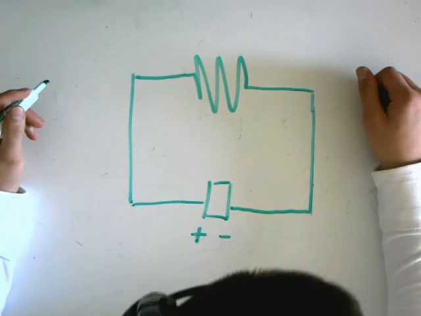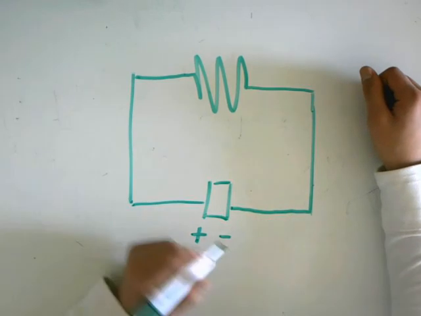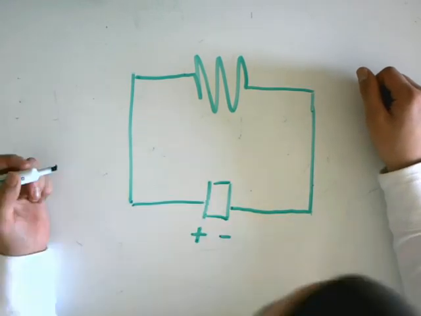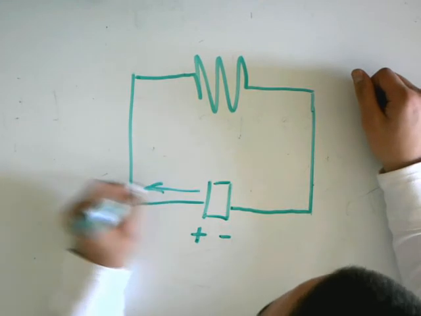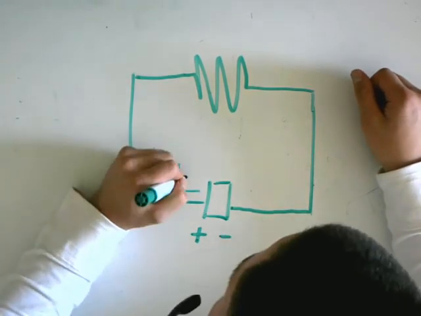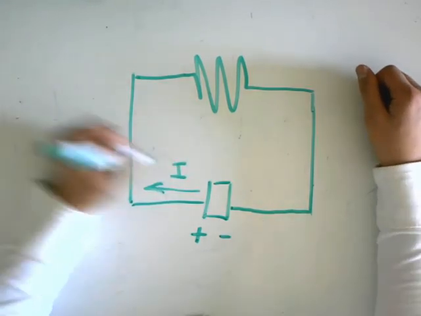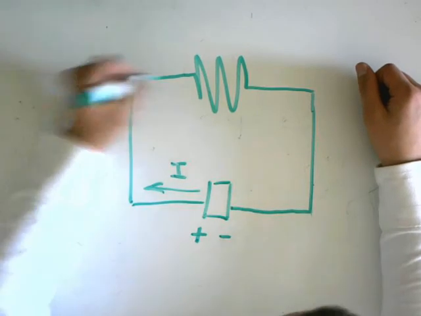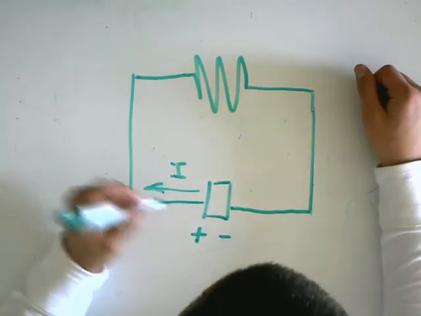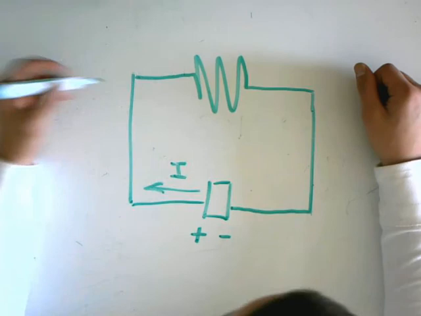I was watching a video, and it explains how the electrons flow from the positive end to the negative end to the resistor. And this right here is our resistor.